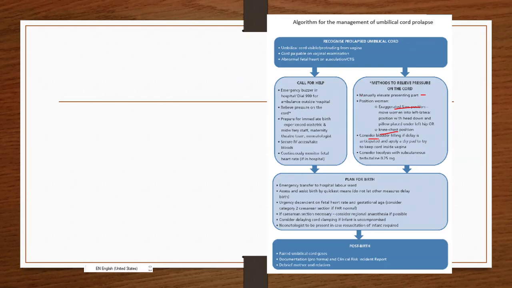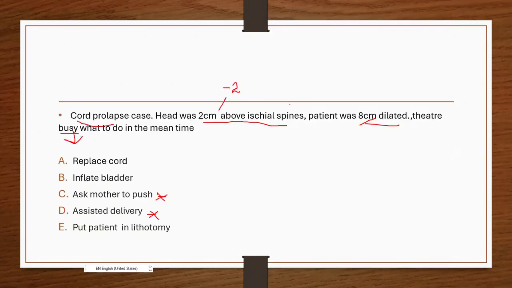By filling the bladder, you are pushing the presenting part up so that it is not compressing the cord. So that is the main thing. You put the knee chest position and you fill the bladder. Those are the main principles I have mentioned.